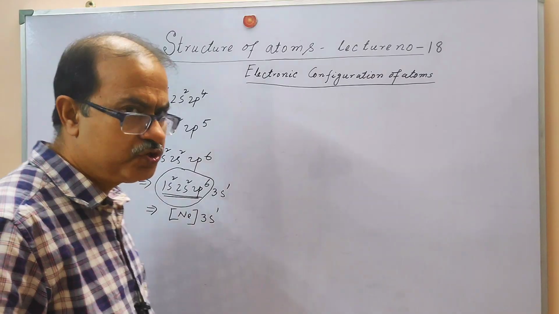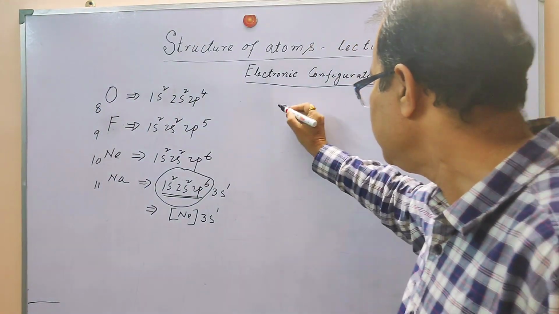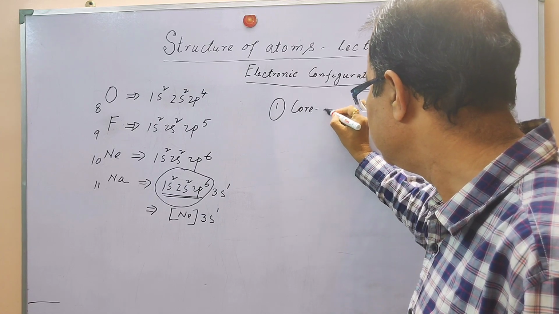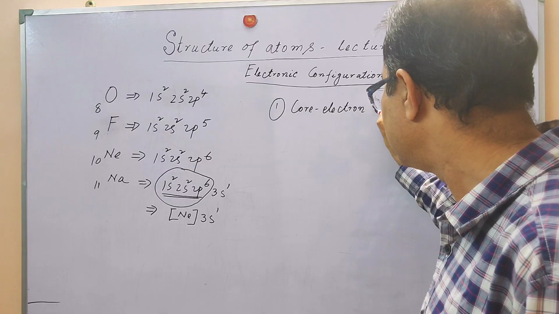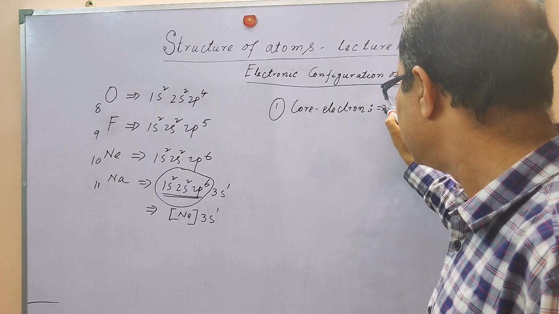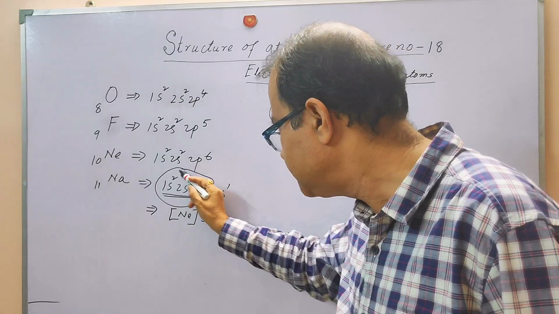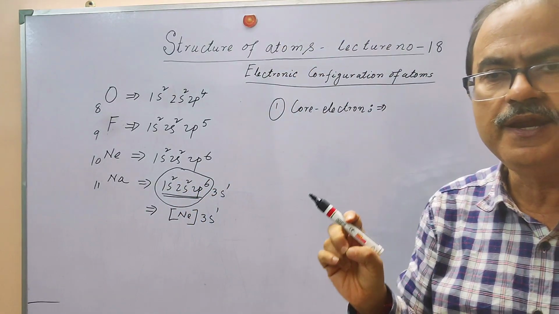Now there are two concepts we need to understand. One is the core electron. What is the core electron? The core electrons are those in the totally filled orbitals.